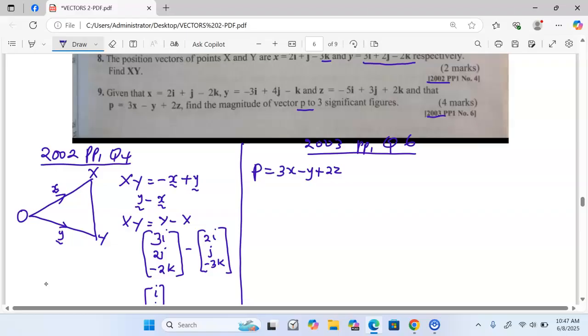This question has 4 marks, and therefore a normal question will always carry 3 marks. And if you see the question has 4 marks, it means there is a concept that you need to employ.